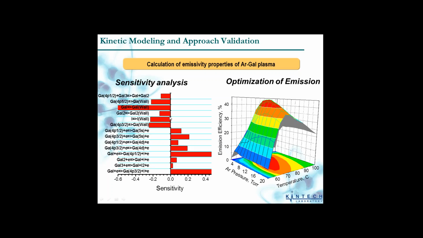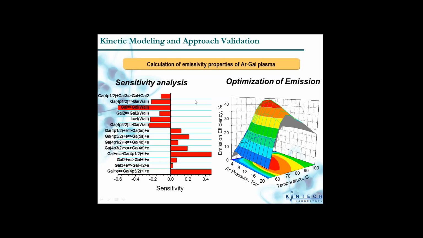The largest negative input is concerned with the diffusion of the gallium iodide to the wall, and the gallium to the wall. Practically, we have a loss of the emitter from the gas to the wall.